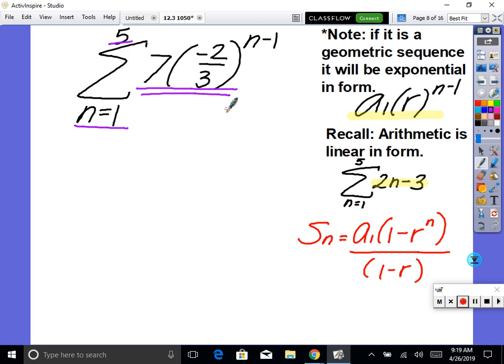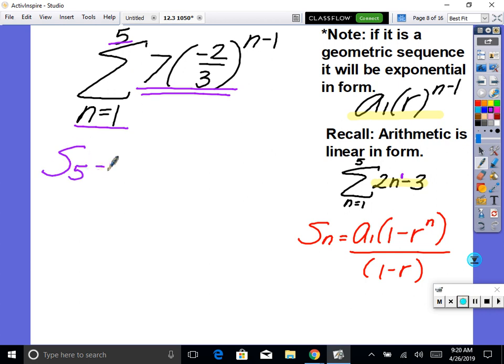Do you guys see how that makes it geometric? Because on the test, if they give you this, you have to know which formula should I use. Should I be using arithmetic or geometric sum formula? So notice, just a reminder, geometric will be exponential, and arithmetic would be linear. So if you saw this on the test, you'd go back to the other sum formula. But this one is exponential.